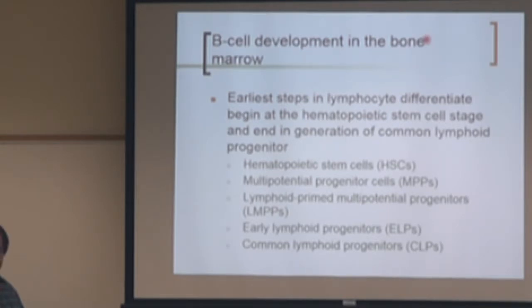A naive T cell has gone through positive and negative selection, has exited the thymus, and is no longer going through selection. Granted, if a naive T cell doesn't get the proper signal, it will die, but it's still what we consider a mature cell.